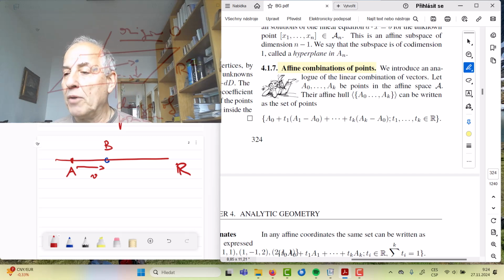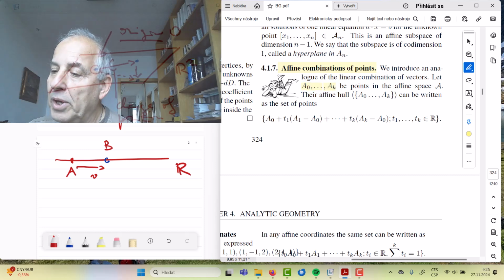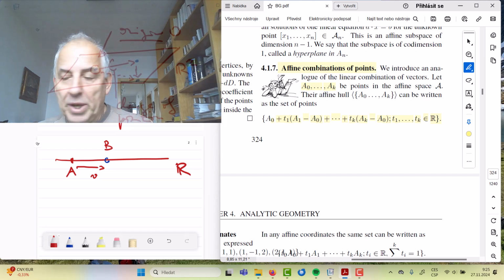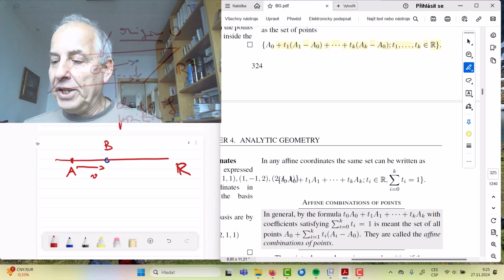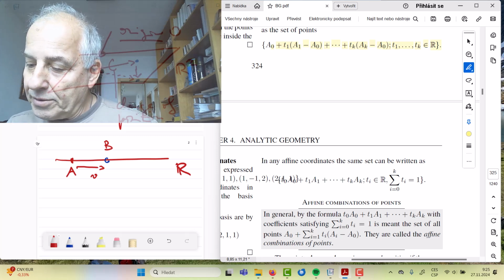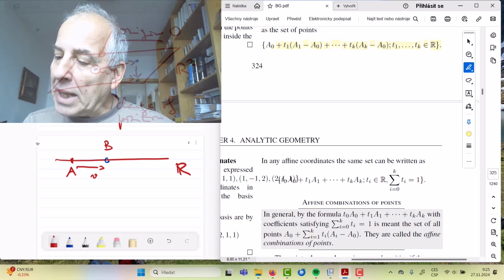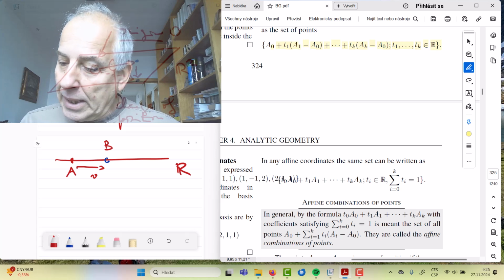What can we do with the affine space points? So we have k plus 1 points, and then their affine hull can be written this way, right? So this is the affine subspace generated by the k plus 1 points. And of course, if we choose coordinates, then, unluckily, the typing is not typeset correctly.